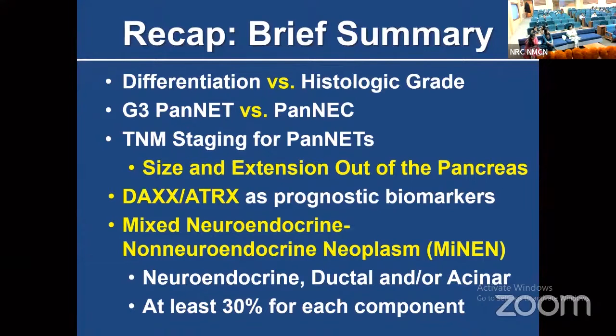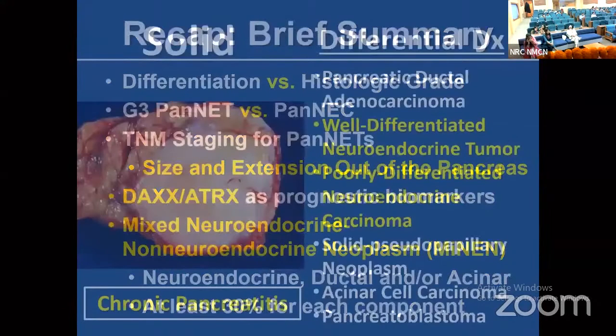In these mixed neoplasms, for the most part, the neuroendocrine component is often a high-grade malignancy, so typically a poorly differentiated neuroendocrine carcinoma. Of course, more data is needed to understand the actual pathobiology of mixed neuroendocrine non-neuroendocrine neoplasms, including their cell of origin, and many of those genetic and RNA-based studies are ongoing.